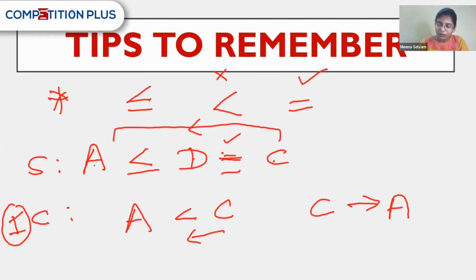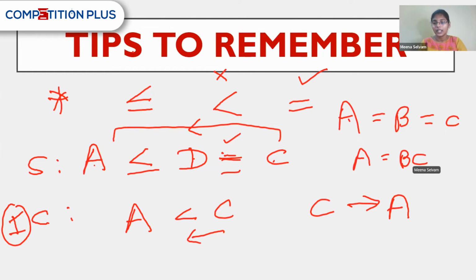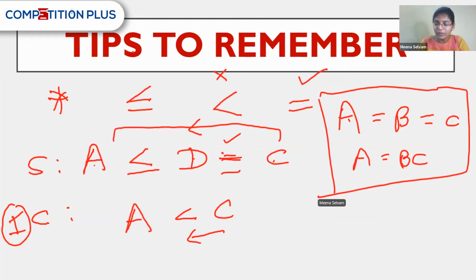How? Because whenever you have equal to, like if I'm writing A is equal to B is equal to C, can I write it like A is equal to BC? Can I write it in that way? Because all the three are one and the same. They are in the equal symbol. A is equal to B, B is equal to C. So I can join them and write A is nothing but B is equal to C. That's all.